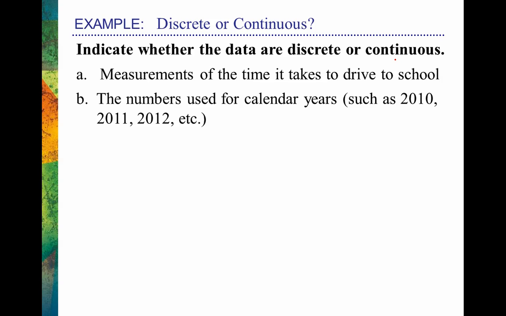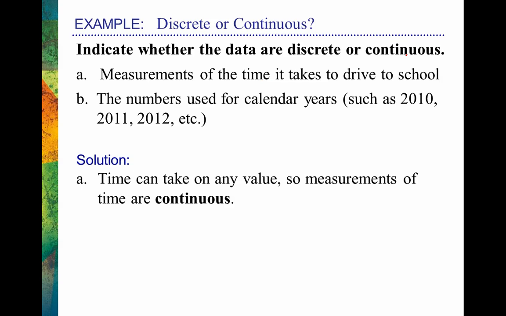So from the smallest value to the highest value and every fractional component in between. So measurements of time that it takes to drive to school. So someone might take 10 minutes, 11 minutes, 12 minutes, and any number of minutes in between also makes sense. It might take you on average 10.54 minutes, and that number makes sense. So we must be talking about continuous data there. So time can take on any value, so measurements of time are continuous.